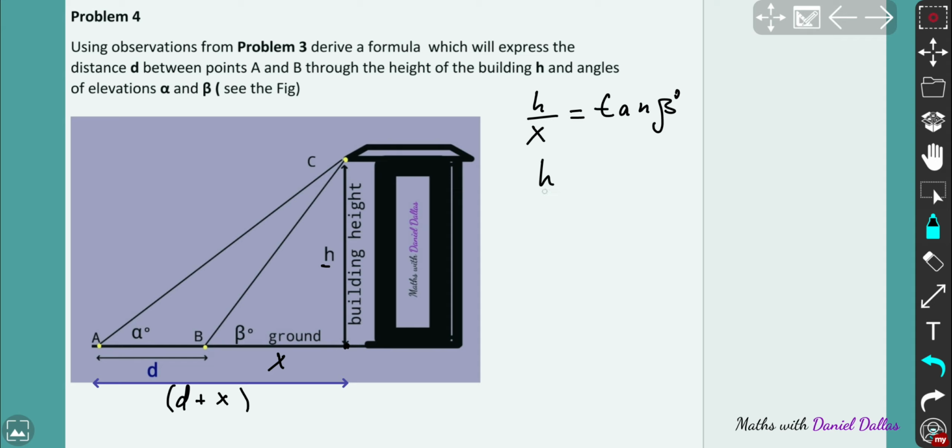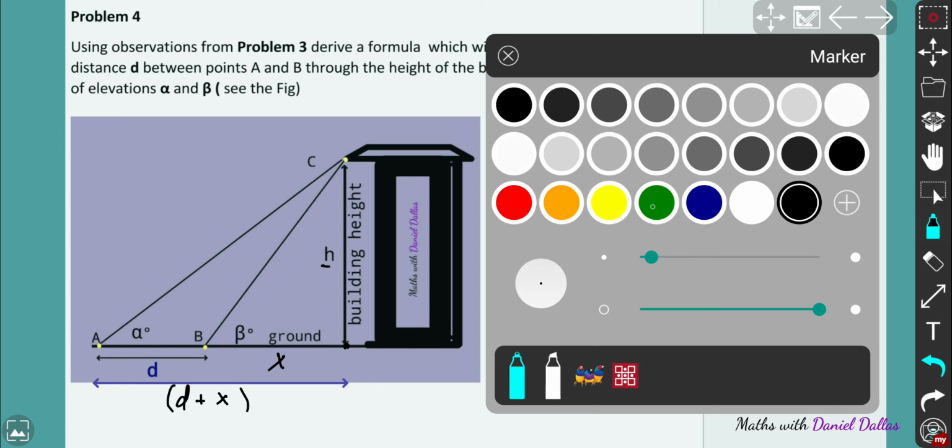All right, so H over D plus X is going to be tangent of alpha.